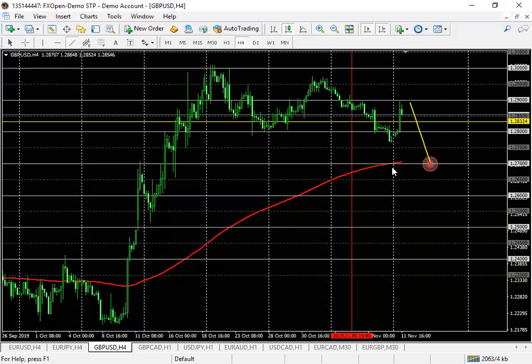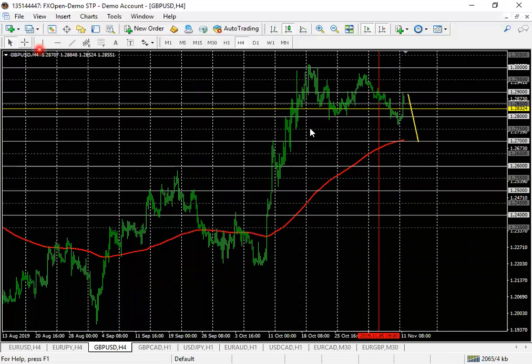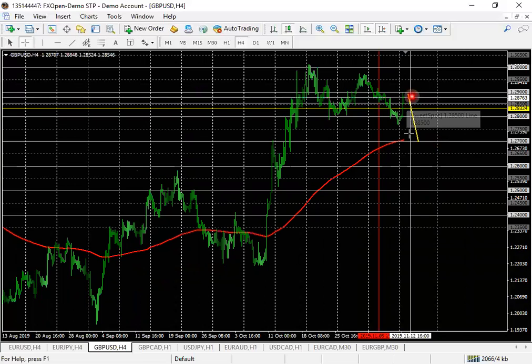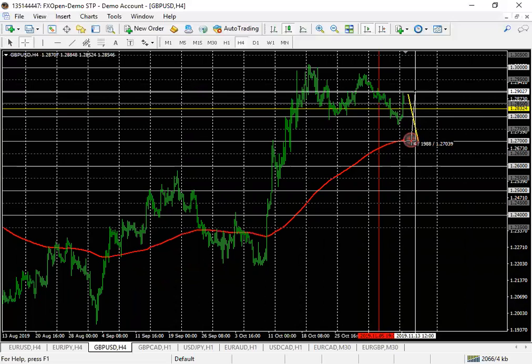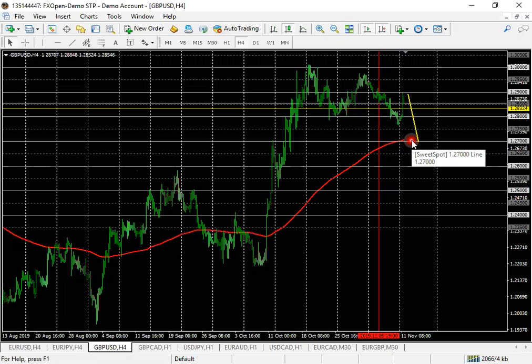At 2700, I'd be looking to just get out or clear all profits, because in terms of the entire move, that is about 100 to 200 pips plus minus. So you'll be looking at a 50 pip stop loss and 200 pip take profit in total.